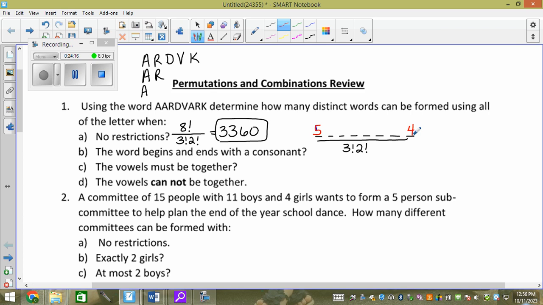How many are left for the rest of the blanks? 6, 5, 4, 3. We should have got 1200.